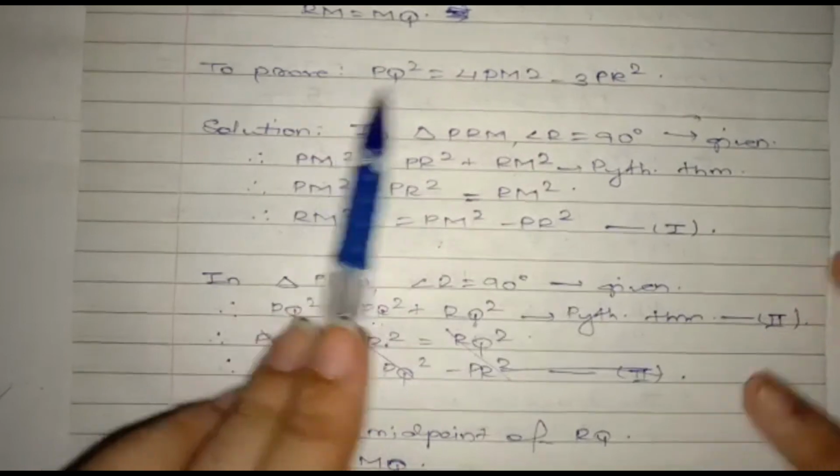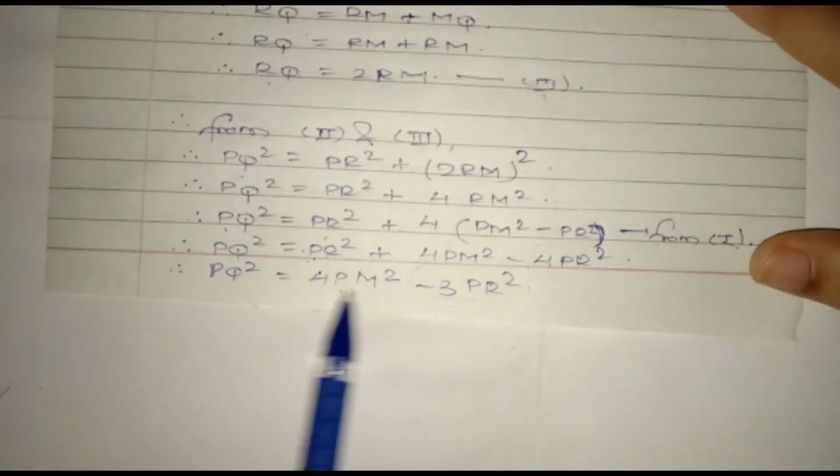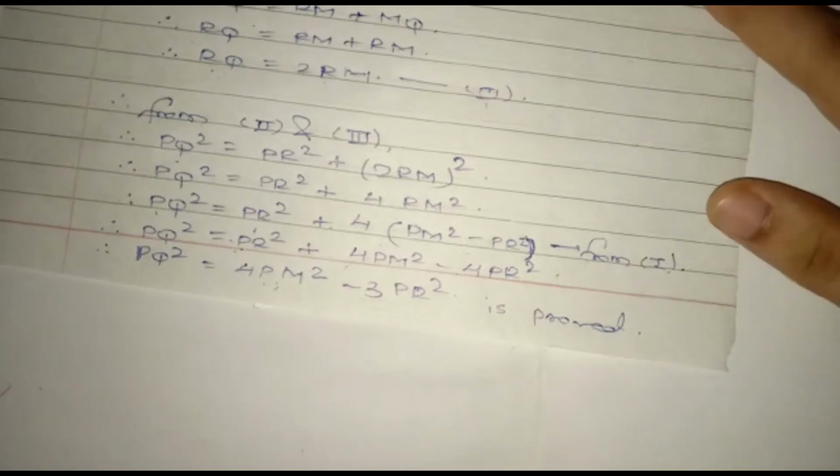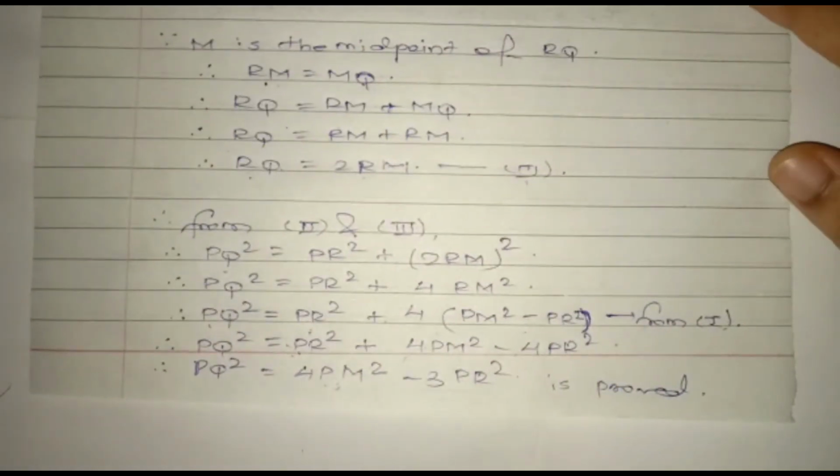PQ square is 4 PM square minus 3 PR square, proved. Now let us see the 10th sum, that is the last sum.